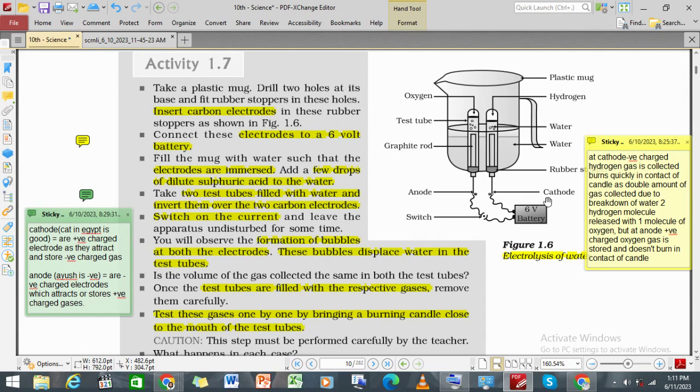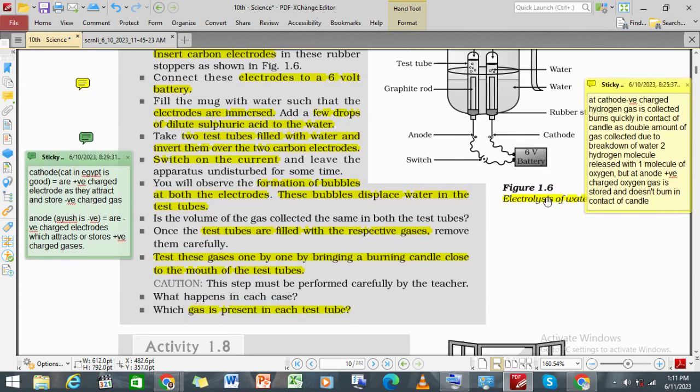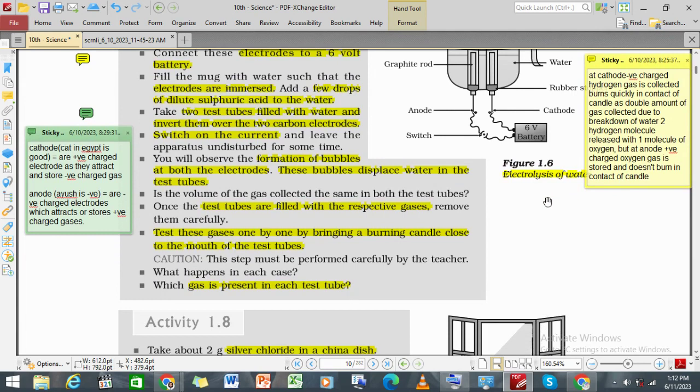And when we connect it with the battery, we see that hydrogen gas and oxygen gas are released.